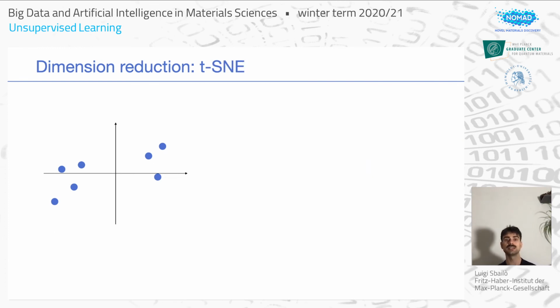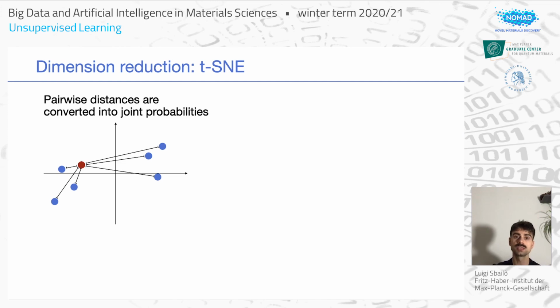That is t-SNE. Here we have again the same data sets, and what t-SNE does is compute all pairwise distances of all the points, and based on these distances it constructs a matrix of joint probabilities.